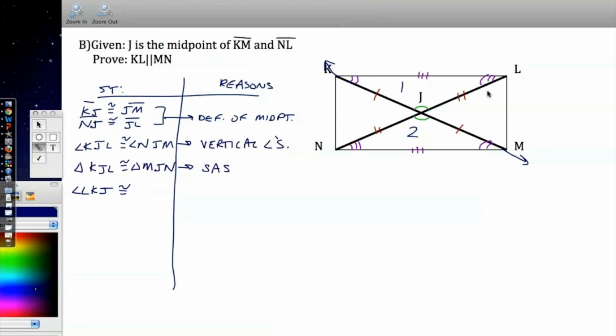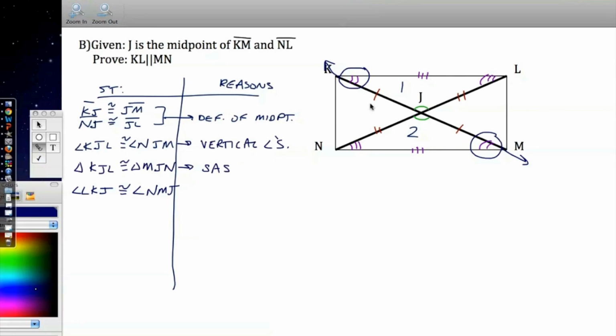angle LKJ is congruent to angle NMJ. So this angle here is congruent to this angle here. Being very careful to keep my letters straight.